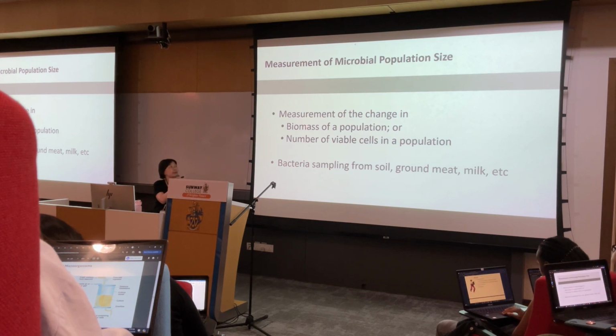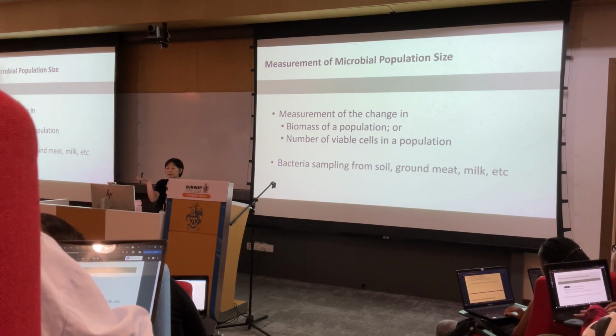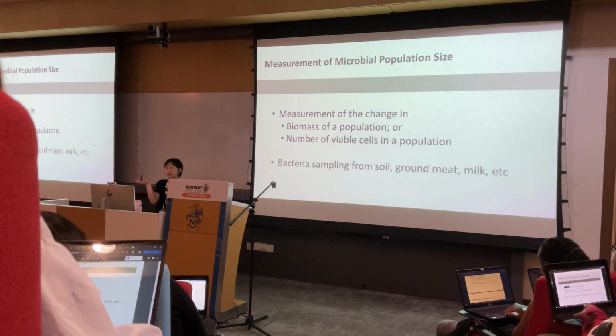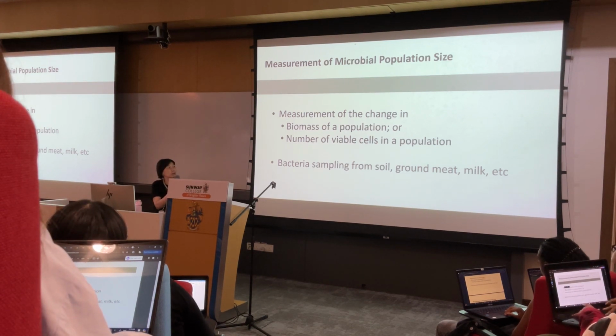Either biomass: basically you filter out the debris and then get the bacterial cells. You don't even need to remove the water or dry them. You can calculate the biomass, just the weight, right? Or if you want to know the viable cells, you want to get rid of the dead cells, you just want to know the viable cells present in your sample.